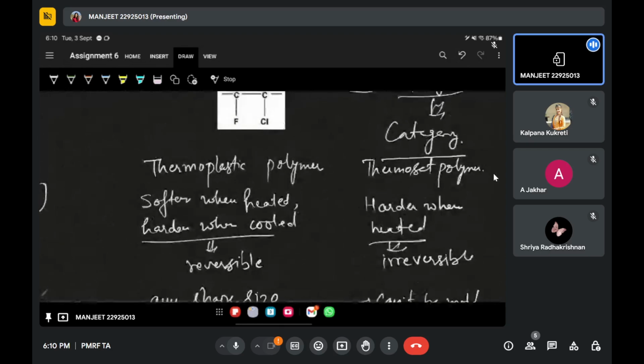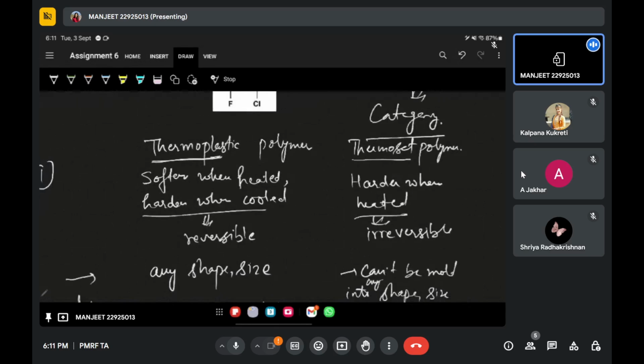As their names suggest, thermoplastic is plastic that we know melts when we heat and gets harder when we cool. In thermoset, thermo basically means heat, and it sets when we heat it.